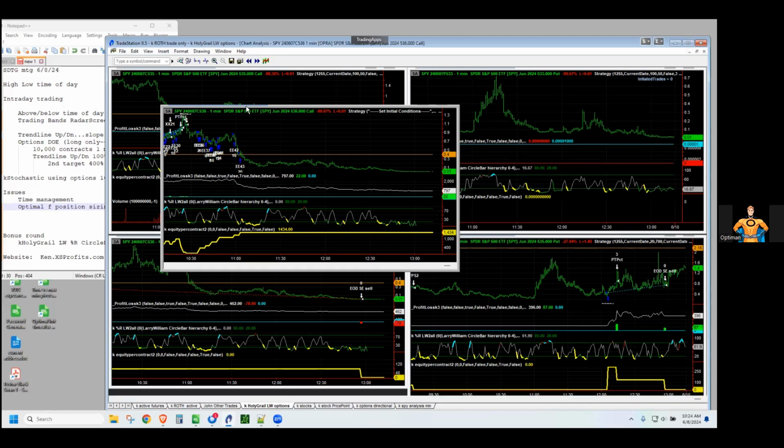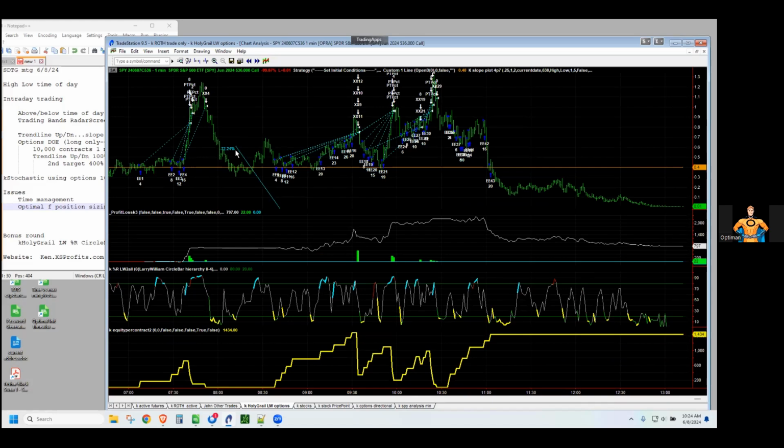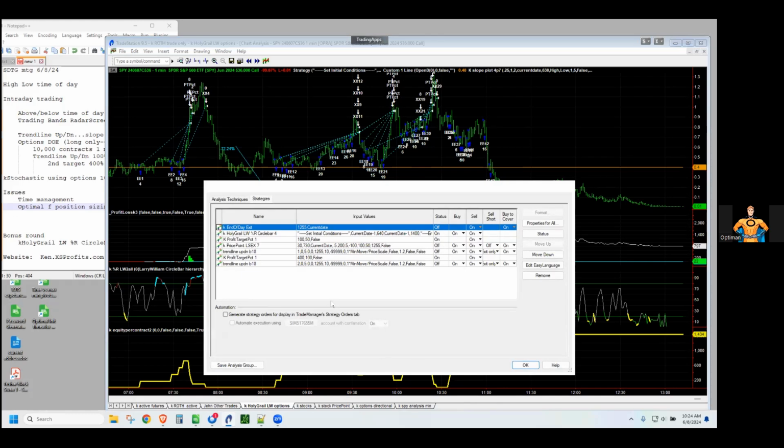Here is optimal F. Well, it would have been nice if I could have also put in this trend line thing here and put in this other 400% gainer, so I could have even made more. So I'd like to be able to overlay multiple strategies on top. And in order to do that, you have to figure out ways to exit. You can see here, there's 1, 2, 3 strategies.